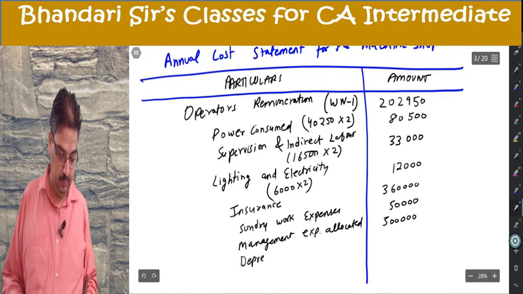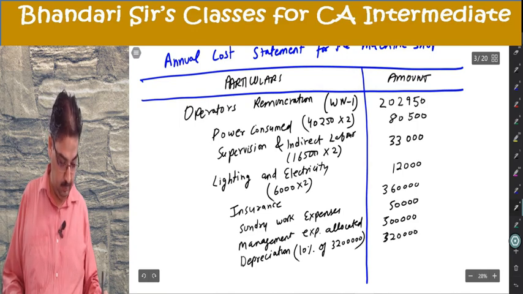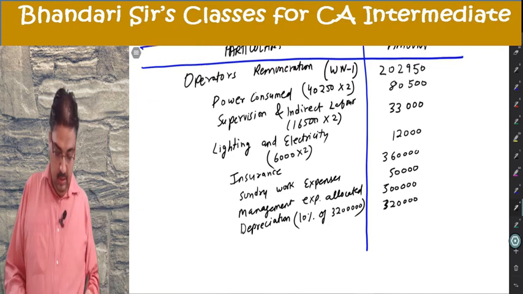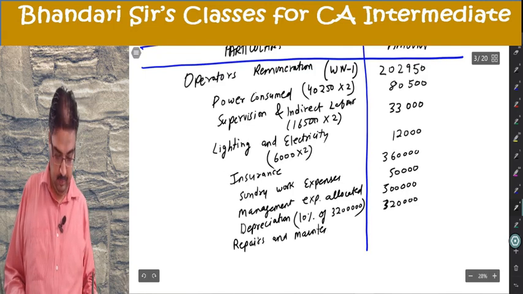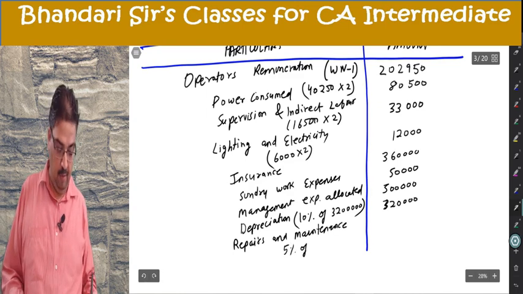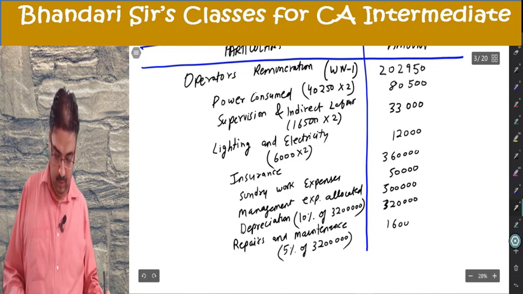Depreciation, 10% of 32 lakh original cost was given earlier, 3 lakh 20,000. Repairs and maintenance, 5% of 32 lakh, 1,60,000.